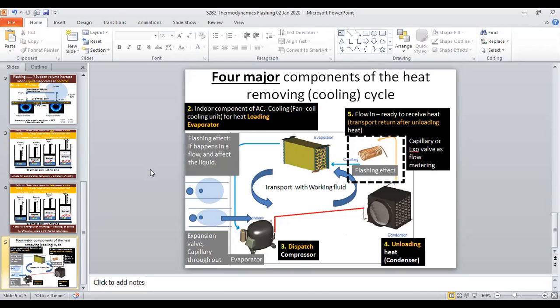So the liquid, instead of evaporating by receiving heat load, which is of course the purpose of refrigerants in the evaporator, naturally evaporates without receiving it if there is a pressure drop, and finally becomes of no use.